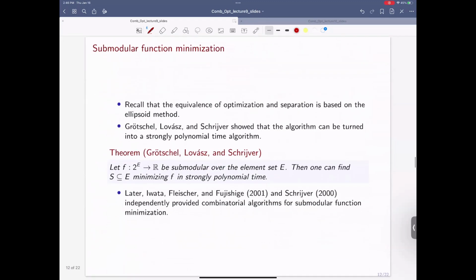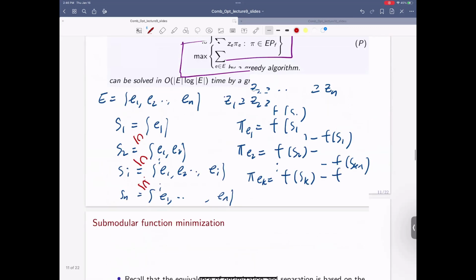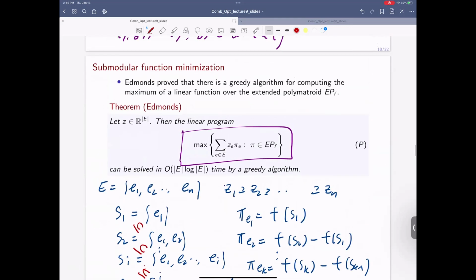So that is it. Again, by the equivalence between optimization and separation, we can turn this algorithm into an optimization algorithm for submodular function minimization. But in practice, it can be much faster.